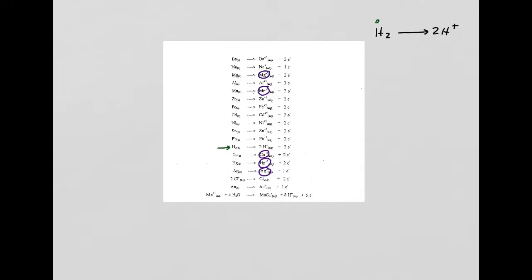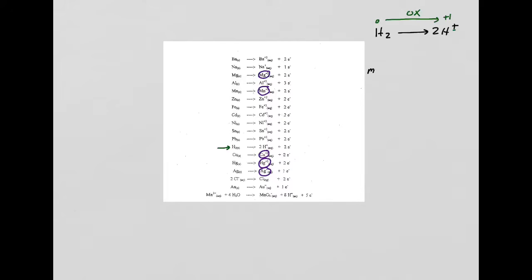So hydrogen has an oxidation number of 0, and here it's plus 1, right? So it goes from 0 to plus 1, so it becomes more positive. So that is oxidation.